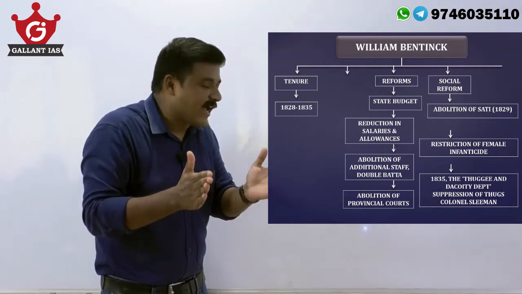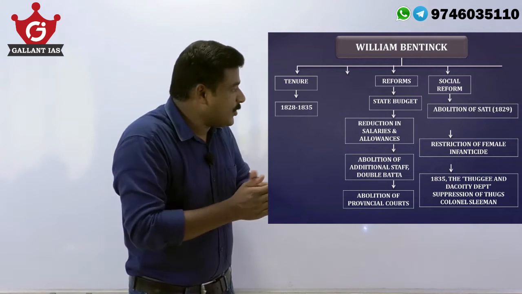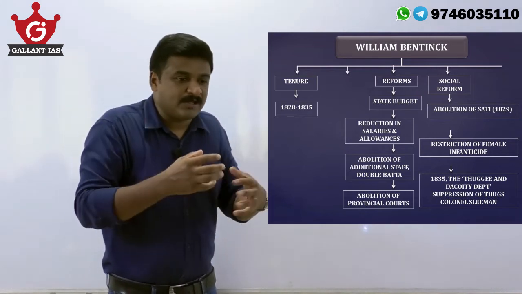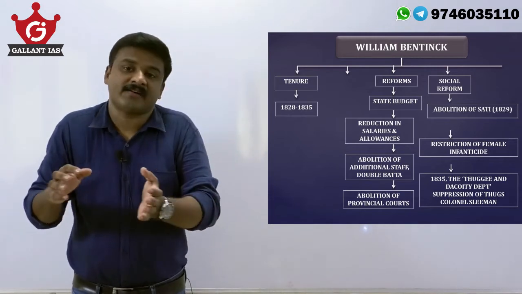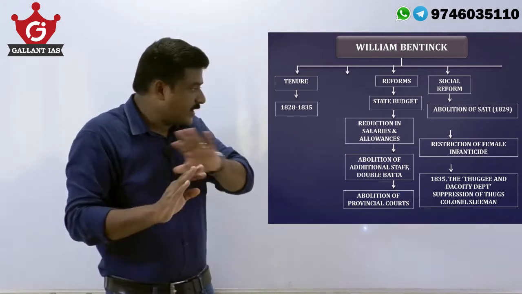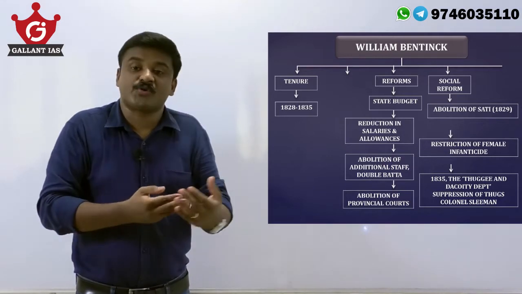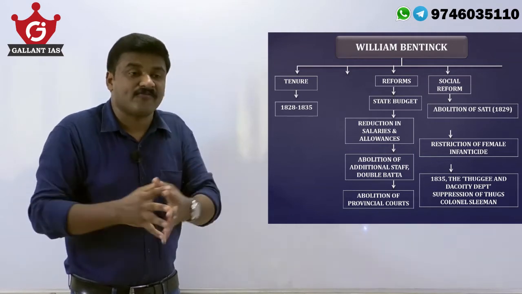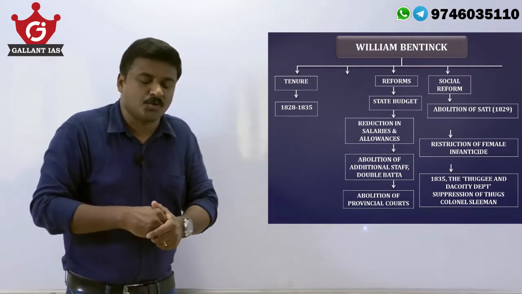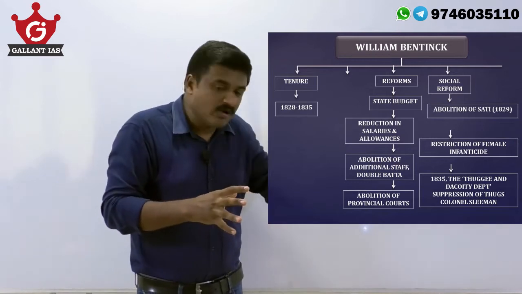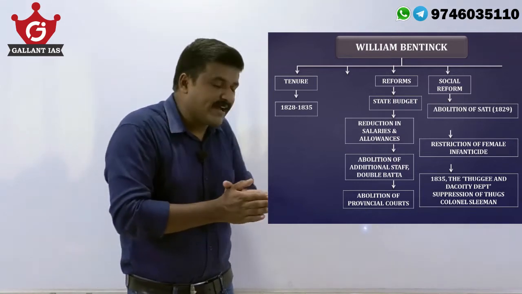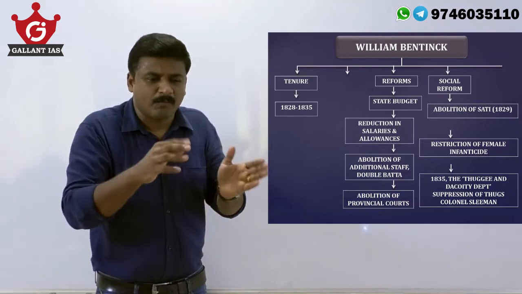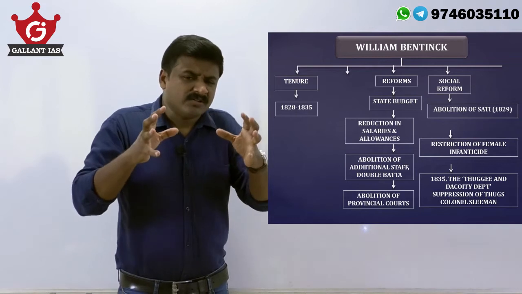Reduction of salaries and allowances, abolition of additional staff, abolition of double batta. Double batta was an additional allowance given to soldiers on active service. That was also abolished, and the provincial courts were abolished. The four provincial circuit courts were abolished because of the increasing arrears of cases and the additional judicial expenditure. To reduce that, he undertook all these reforms. Because of that, when he left India, the treasury was filled with a surplus of 1.5 million.